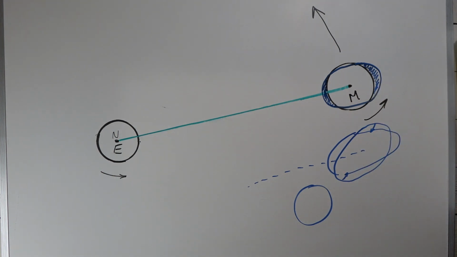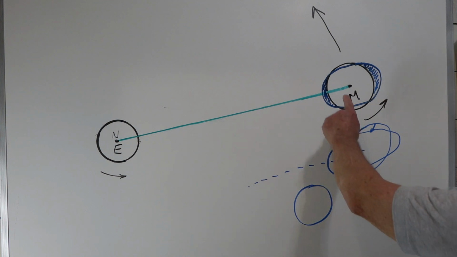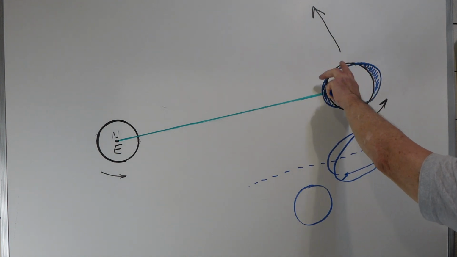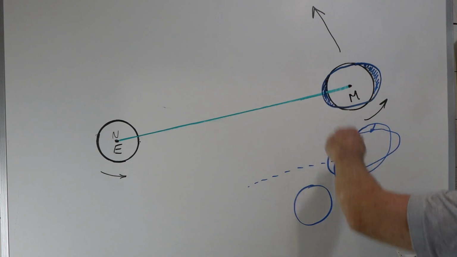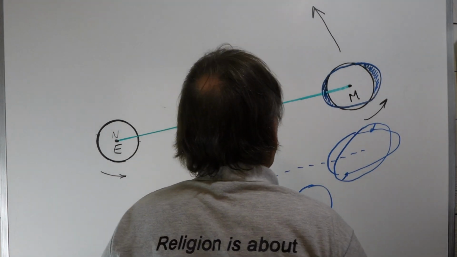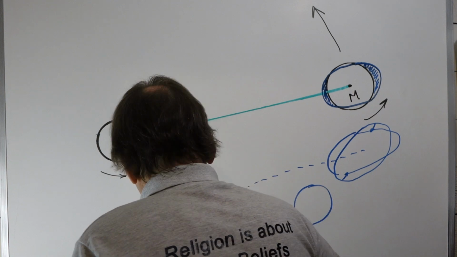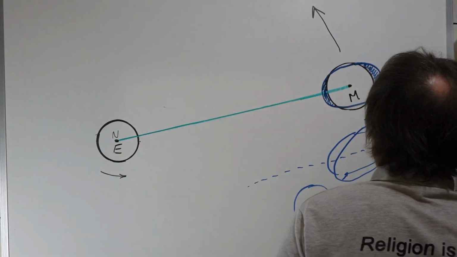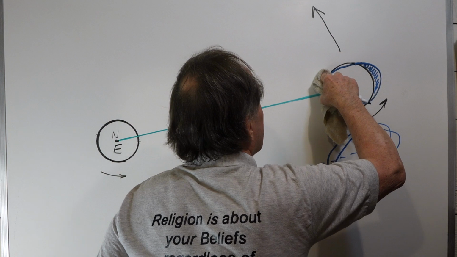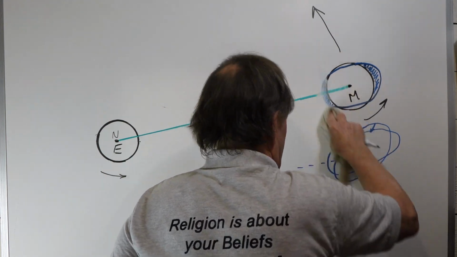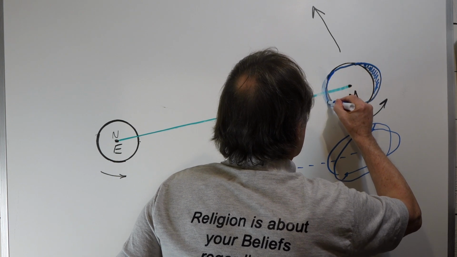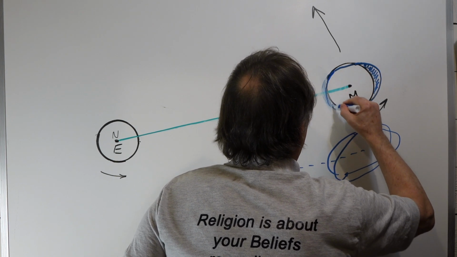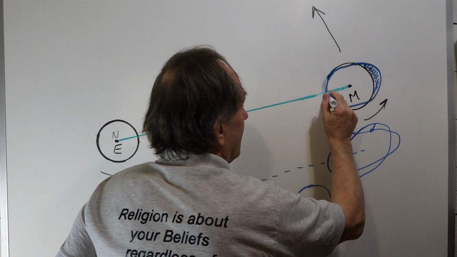Now, what happens here is, by the time these bulges form as the moon is rotating, this bulge now tends to move off the principal axis.